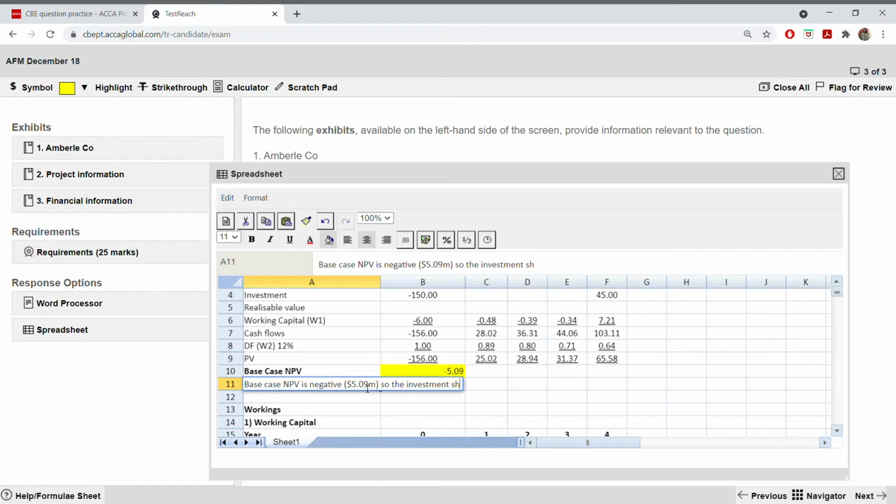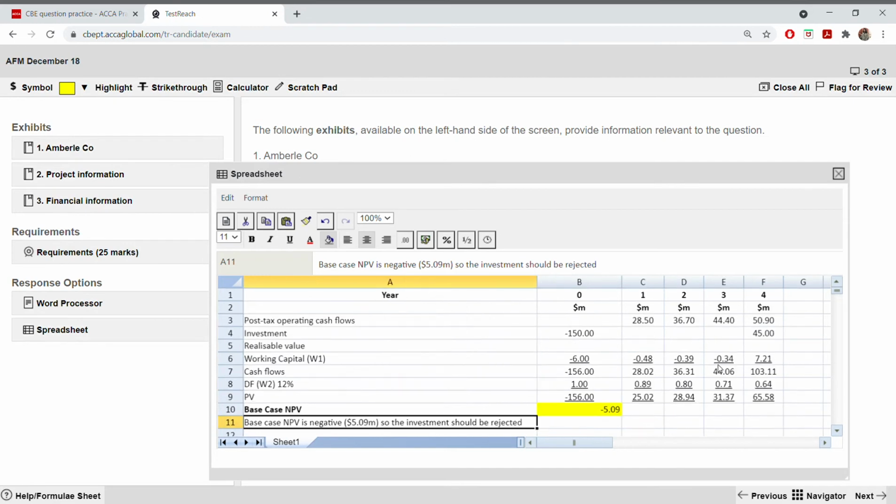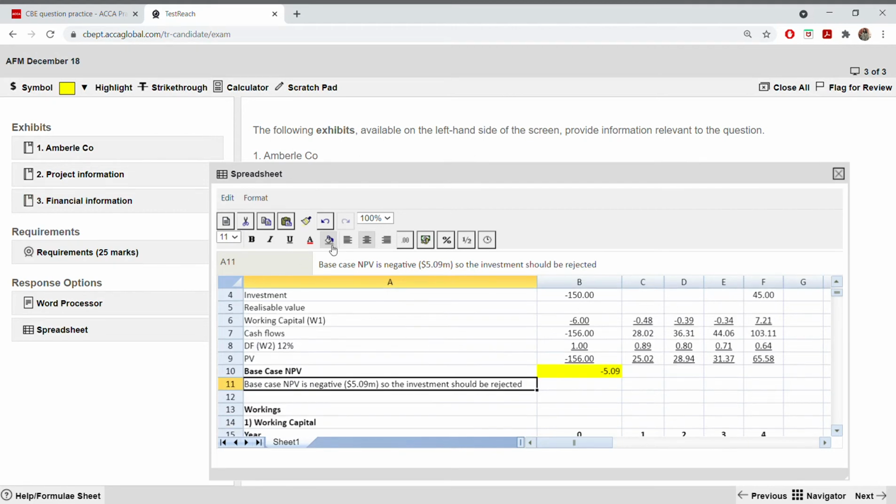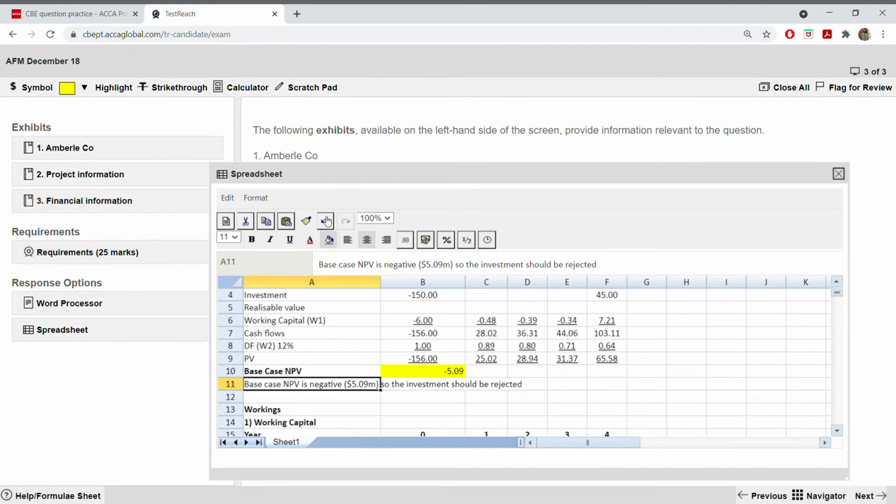So the investment should be rejected. When you extend the line, just see what happens. You can either keep it like this or you can undo it. It does not matter as long as you write the lines, okay?